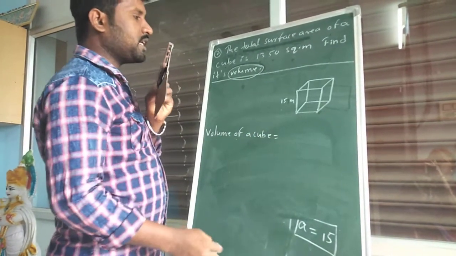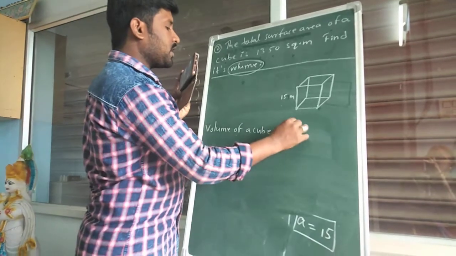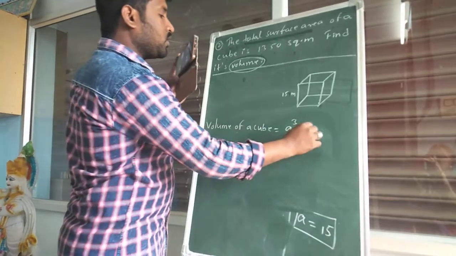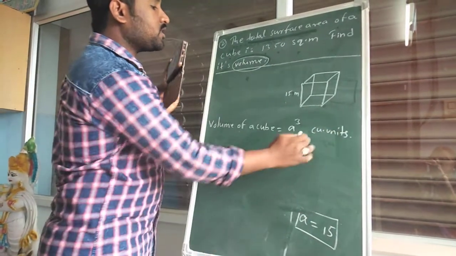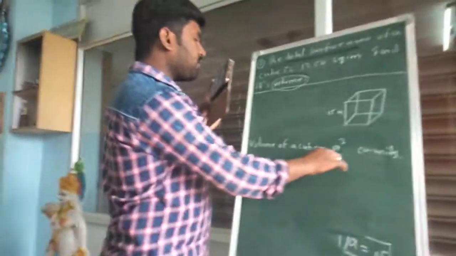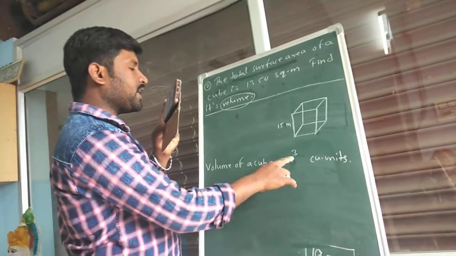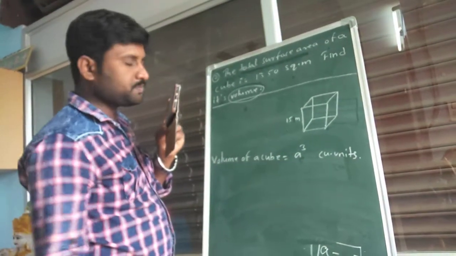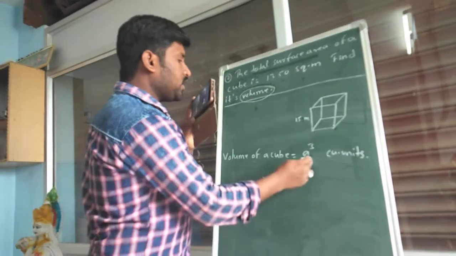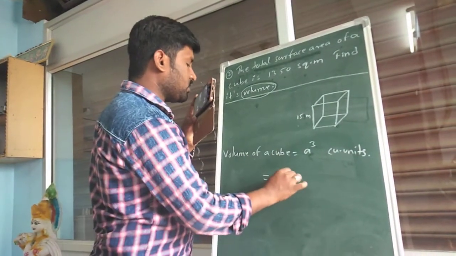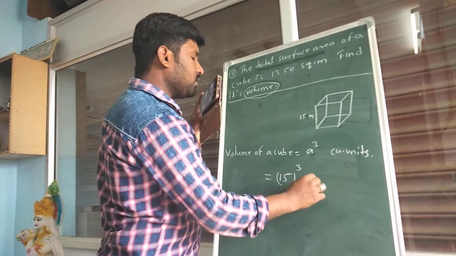is equal to a cube, cubic units. What are the units? Cubic units. Volume of a cube means a cube, here a is the side of a cube. Now in a cube, in place of a I am writing 15. That is 15 cube.